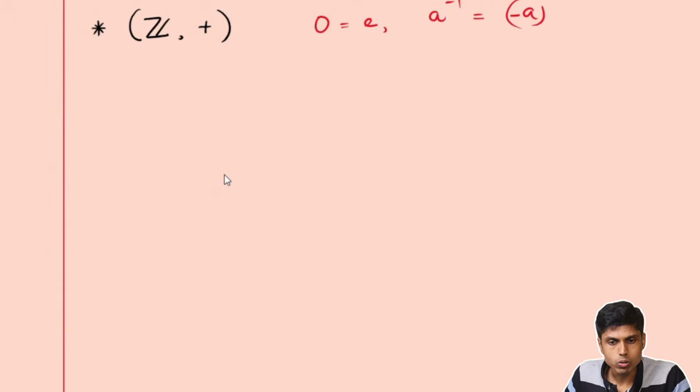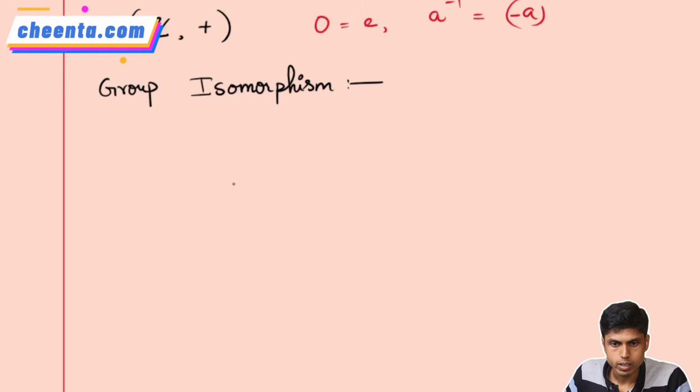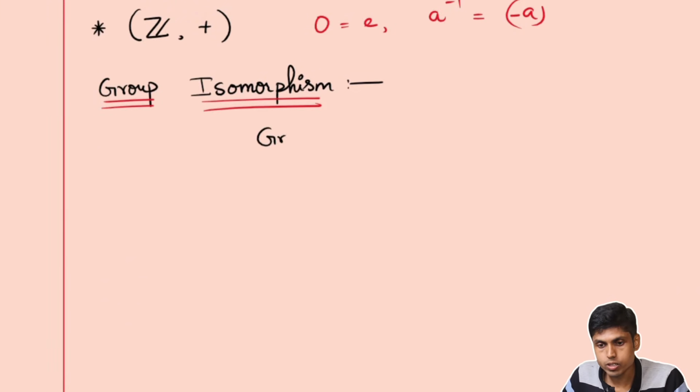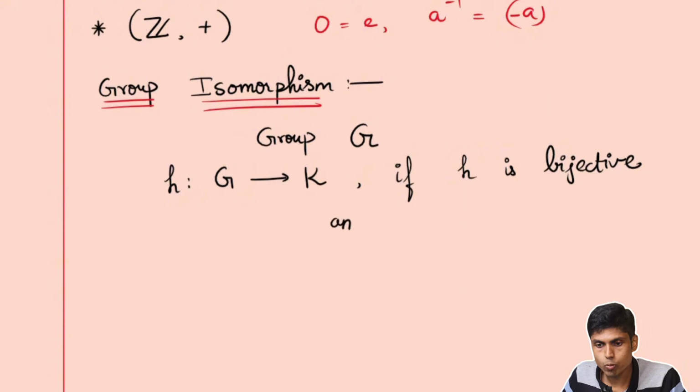We will look into group isomorphism now. Automorphism is a type of isomorphism. It is simple. We consider a group G and we call a map H from G to another group K an isomorphism if H is bijective and it respects the group operation.